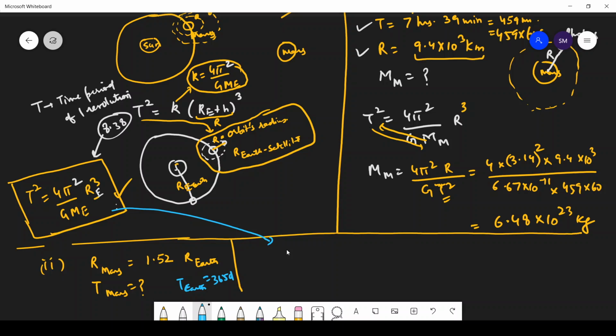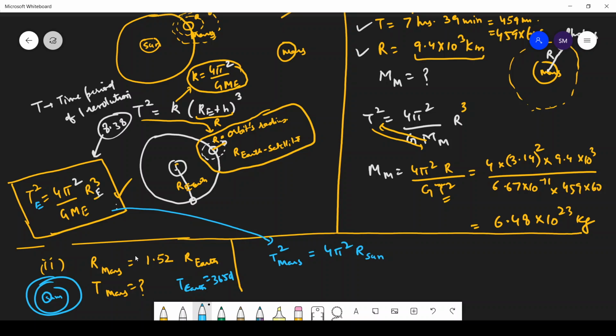So important thing here is that now I'm talking about the sun, okay, and these planets around the sun. So now this T square for Mars is equal to 4 pi square r. So whose radius am I going to write here, students? This was the time period for Earth, so radius of Earth, right? Or radius of sun?